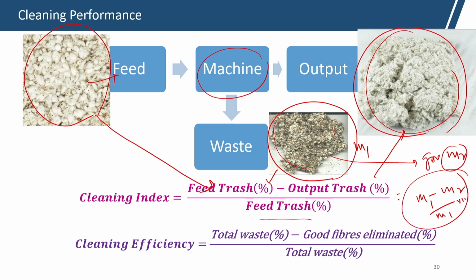This is the total waste percent. From there we can calculate the cleaning index and cleaning efficiency. The cleaning index talks about the overall cleaning of the fiber, while the cleaning efficiency talks about how much good fiber is lost in the waste.